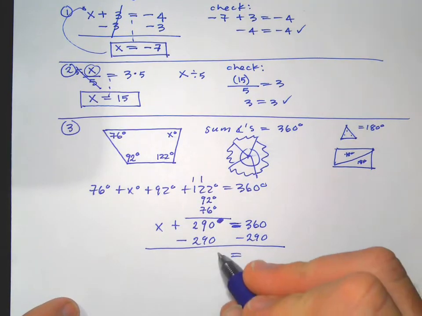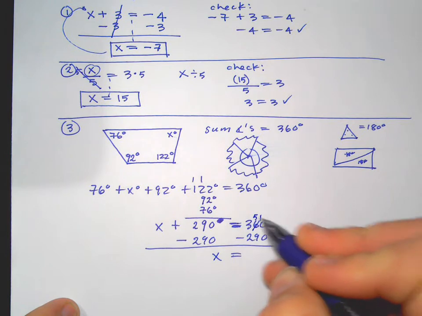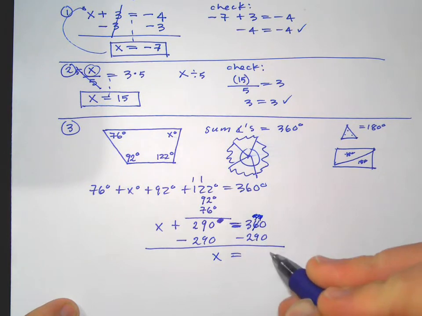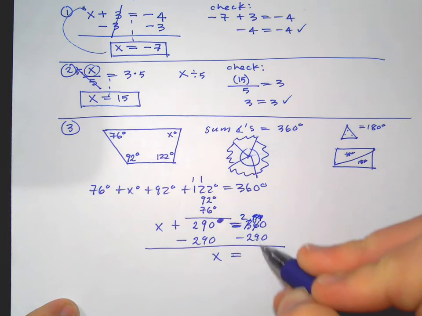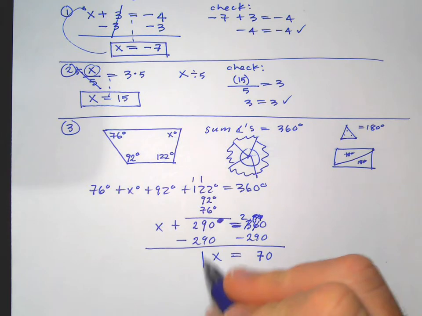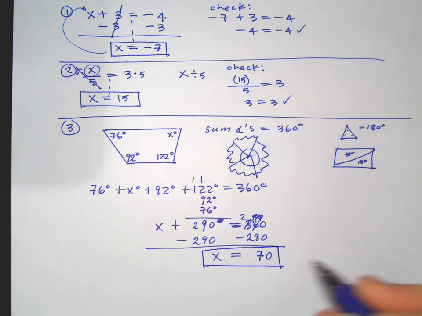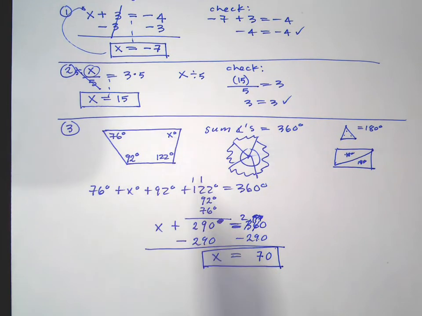So x equals, we could borrow from that. No, actually we don't need to. 0 minus 0 is 0. We need to borrow from that. 16 minus 9 is 7. 2 minus 2 is 0. So we get x equals 70. And I don't think we need to write the degree symbol because it's already on there right next to the x.